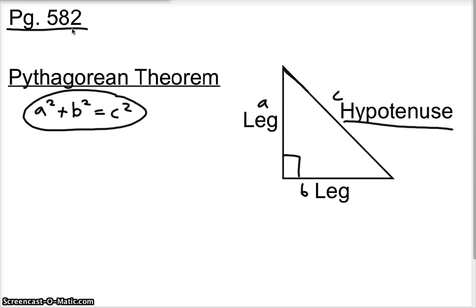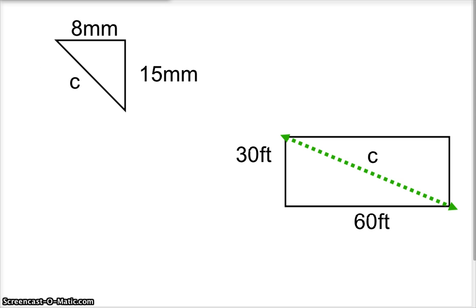That means the square of A plus the square of B should equal the square of C. Now, we could go into the history about how this formula came out, but we're not going to do that. So here are what the problems are going to look like. But remember this is important. A squared plus B squared equals C squared. So we can apply this only to triangles that have a right angle.